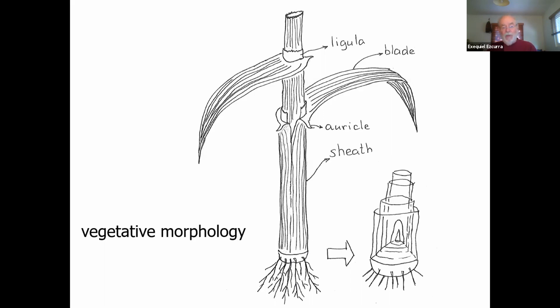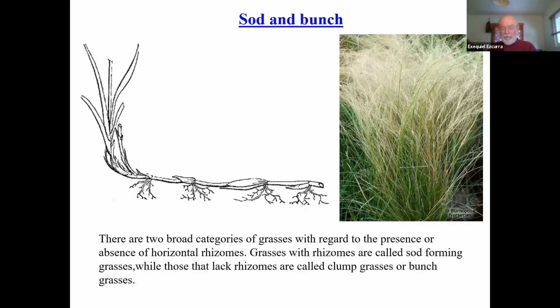Now, there are two types of grasses, basically in morphology, that we call sod grasses and bunch grasses, or also lawn-forming grasses and tussocks. A sod grass does not come without stems.